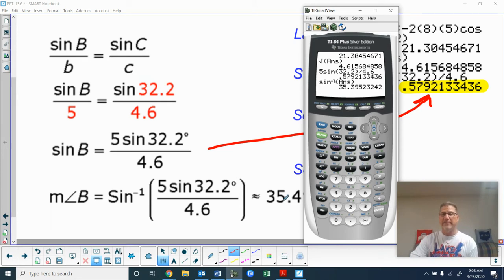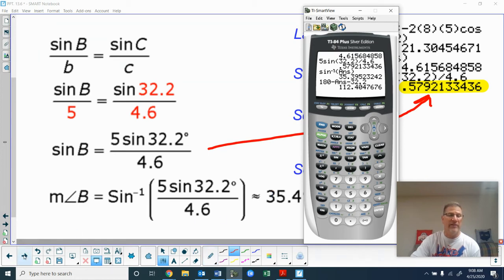So that's angle B. Then we knew angle C was 32.2, and we know angle B now is 35.4. I'm just going to subtract those two from 180. So I hit second answer minus 32.2 to get that remaining angle, which would be 112.4, which is on the next slide.